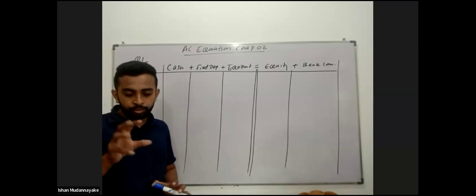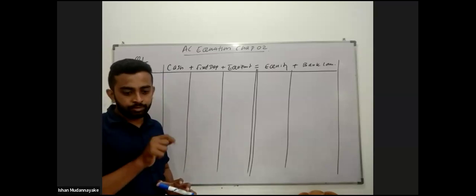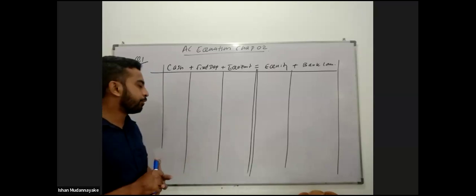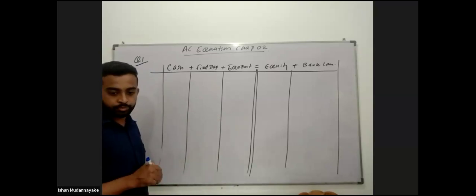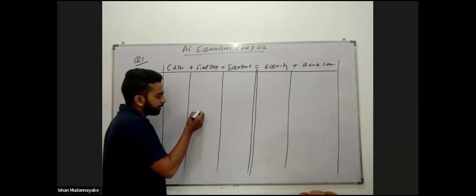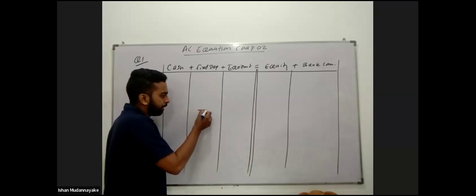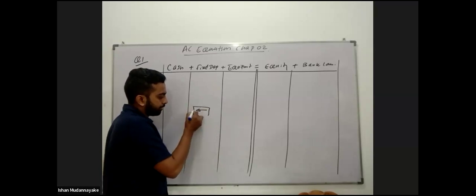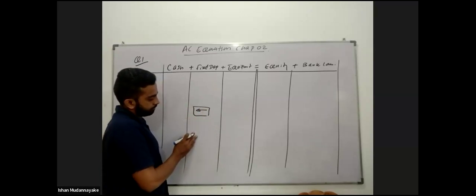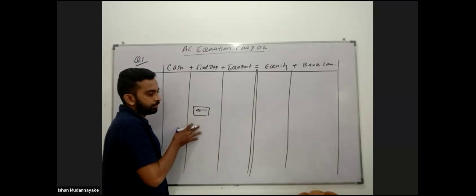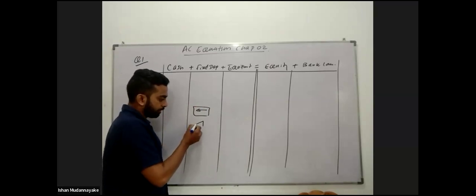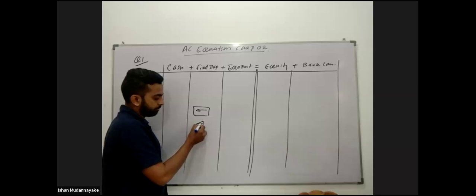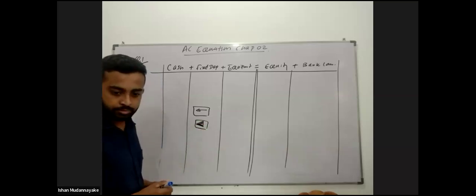I will send you some pictures, some photos of calculators having the delete function. In that delete function, there is an arrow like this, a triangle-type arrow.